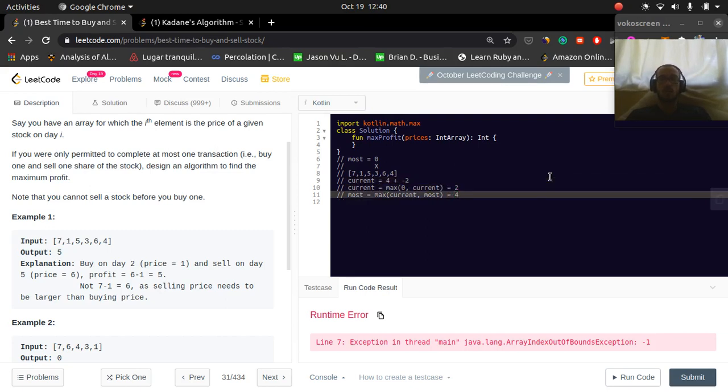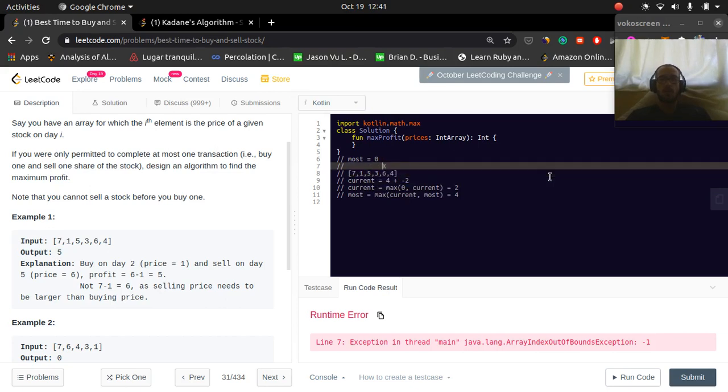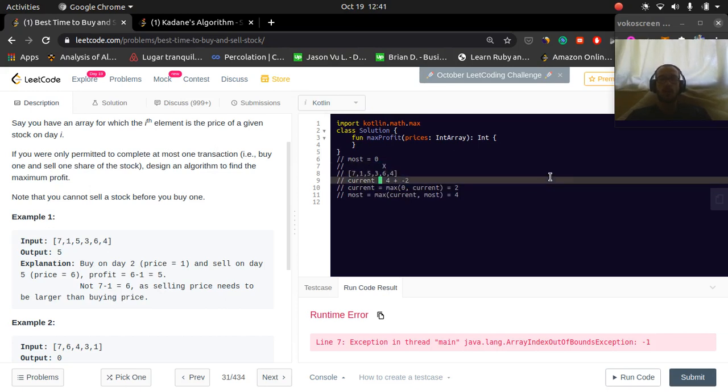And most equals the max of current, which is 2, and most, which is 4, so it's just going to be 4. Alright, so we're moving up a day again. So now current is 2 plus buying at 3 and selling at 6, so plus 3, so 5. So current is going to be the max between 0 and 5, so it's going to be 5. And most is going to be the max between 5 and 4, so it's going to be 5.